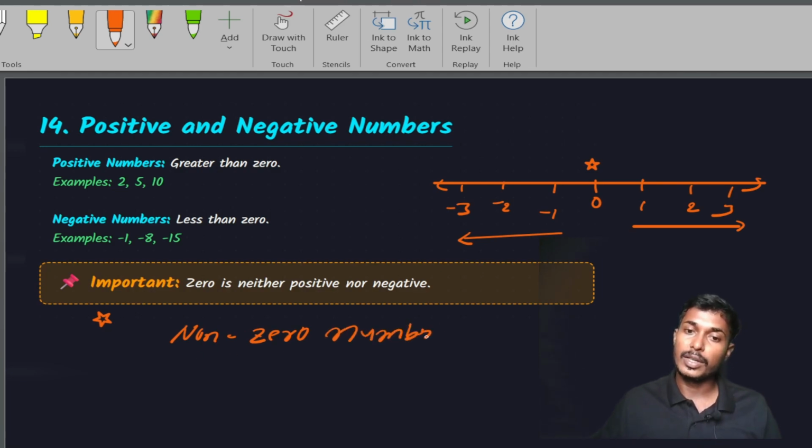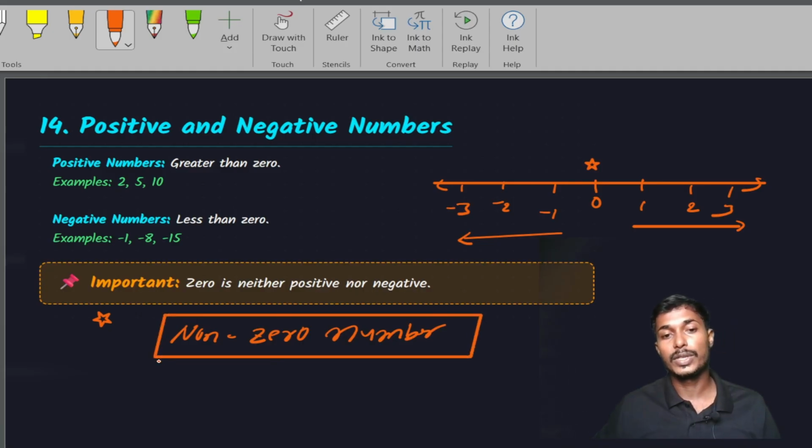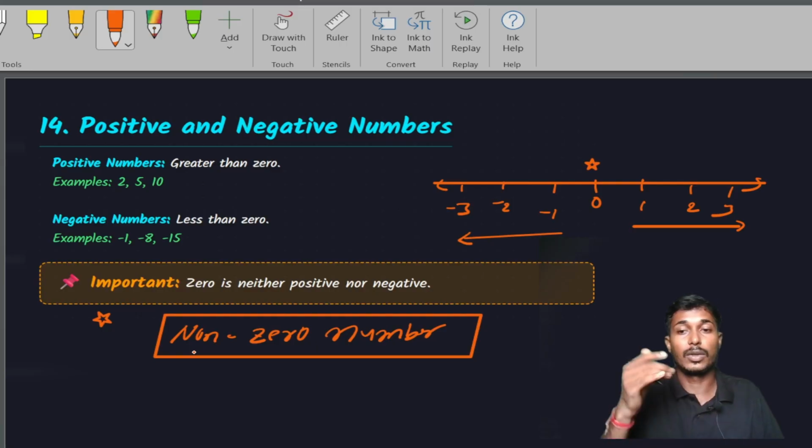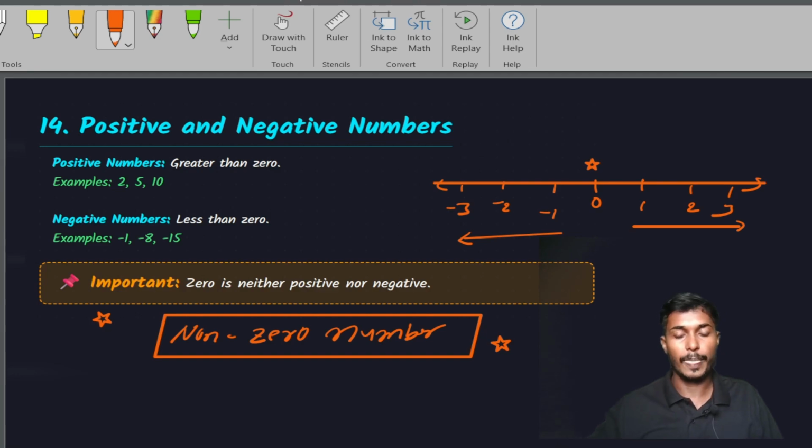This term is also very important when you will be solving your SAT mathematics problems, because they will specifically tell you to find the non-zero solution of a question. In that type of question, you will be getting one answer as 0, and many students make the mistake of marking their answer as 0. If they are saying non-zero numbers, it means any number other than 0.